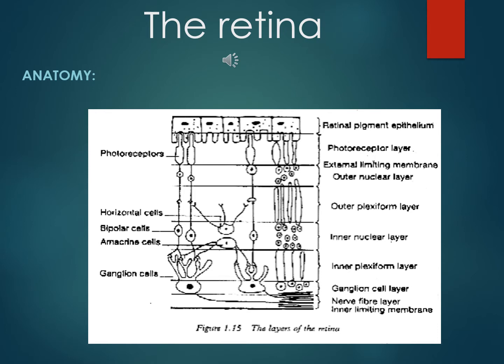We mentioned the first one is the tight junction and the formation of the blood retinal barrier, whose role is to get rid of toxic large molecules from passing from the choroid to the neurosensory retina. The other function: it contains melanin, important in absorption of light. The other function is storage and releasing of vitamin A. What is the importance of vitamin A in vision? We want to know the relation between vitamin A, or perhaps carotene, and vision. Let us know that the retinal pigmented epithelium stores and releases vitamin A.